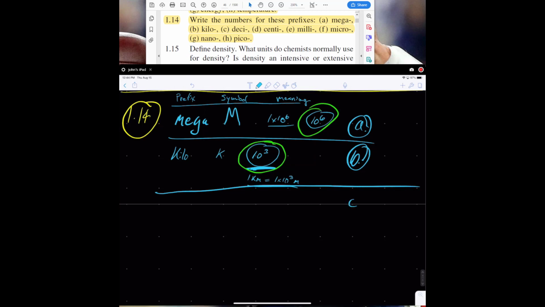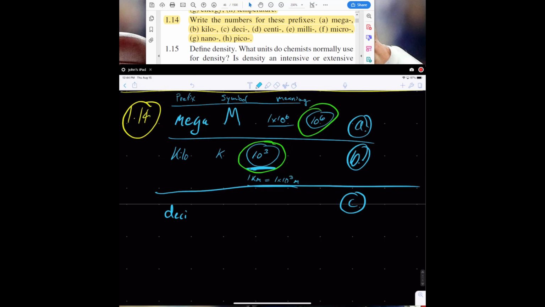So for C, they're asking us for deci. From the table, deci, unless you remember it, is 1 times 10 to the negative 1 of the base unit.